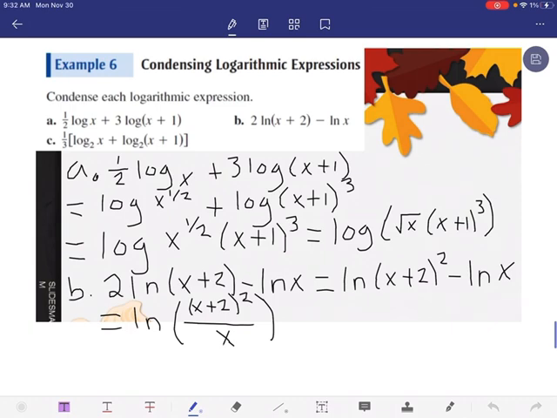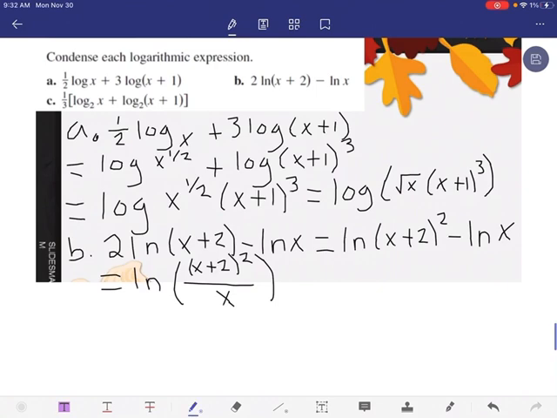And when we combine them to be one logarithm, so I don't have like two logarithms now. The logarithm itself doesn't go away. I'm still taking the natural log of it. I've just combined them to be one logarithm now instead.